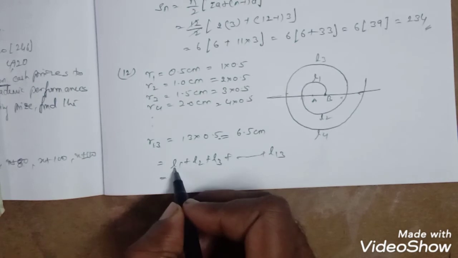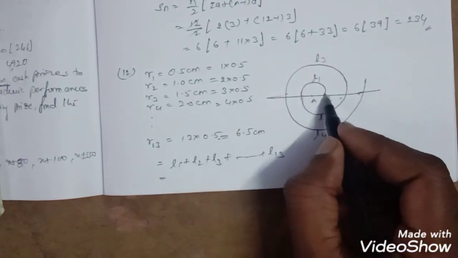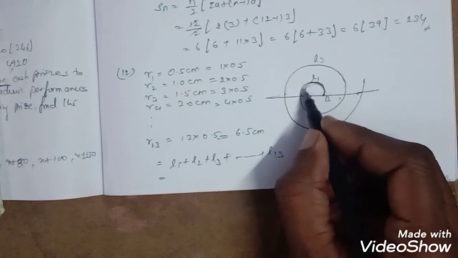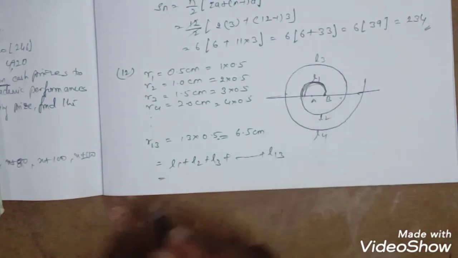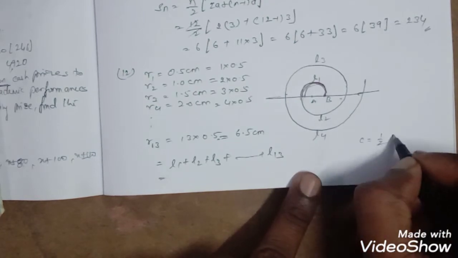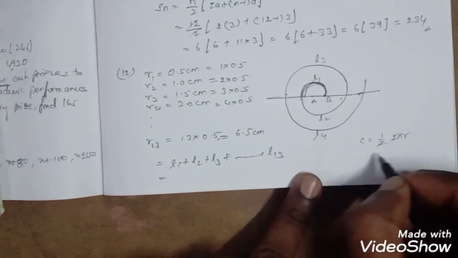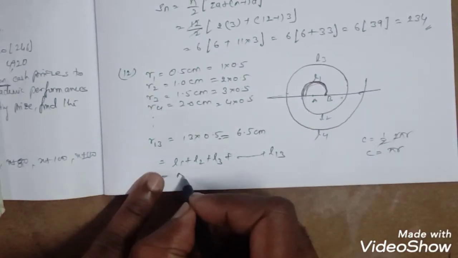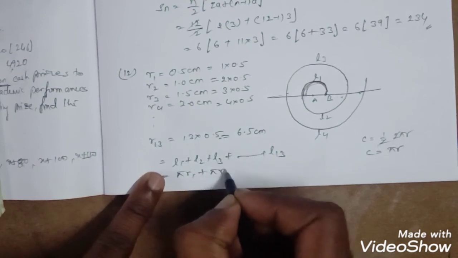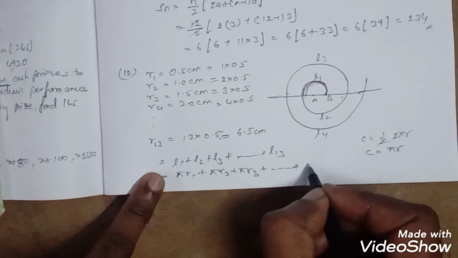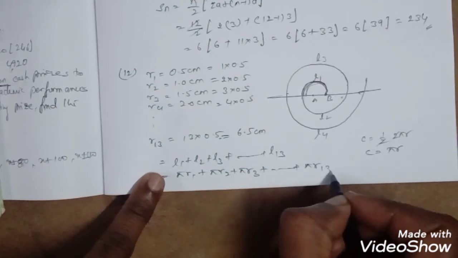As we know, length 1 is nothing but the perimeter or circumference of a semicircle, right? The circumference of a semicircle formula is C equal to half times 2 pi r, right? So if you cancel, you will get pi r. Now the circumference of a semicircle is pi r, so I can write pi r1 plus pi r2 plus pi r3 and so on up to pi r13, right?